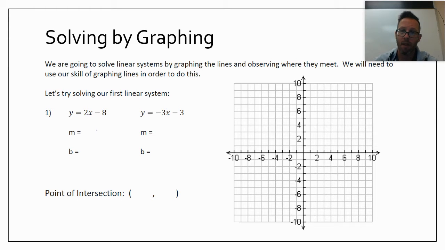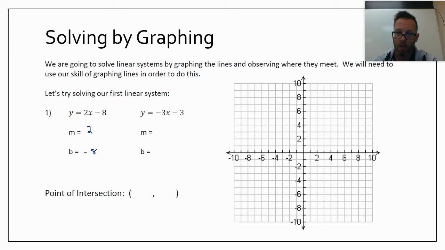I just want to say too, there's lots of scaffolding here. Here's a space where you can write down what m is, where you can write down what b is, and where you can write out the point of intersection. In practice, all you're going to have is here's equation 1 and here's equation 2, go to work. But I've initially given you some outline here. For our first line, the slope is 2 and the y-intercept is -8.